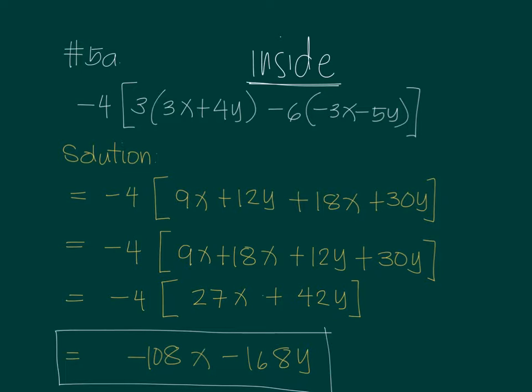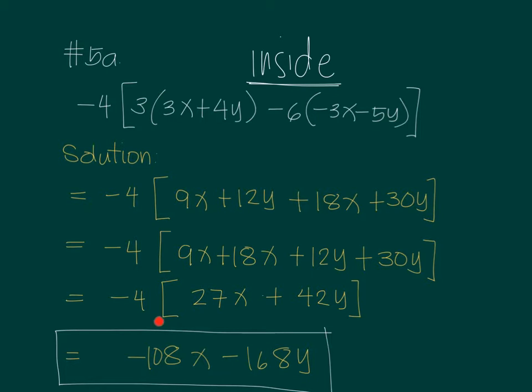A common mistake is adding the x and the y together instead of the x and the x. So my suggestion is you group together the x and then group together the y before combining them. Once you have this step, 9x plus 18x is 27x. 12y plus 30y is 42y.